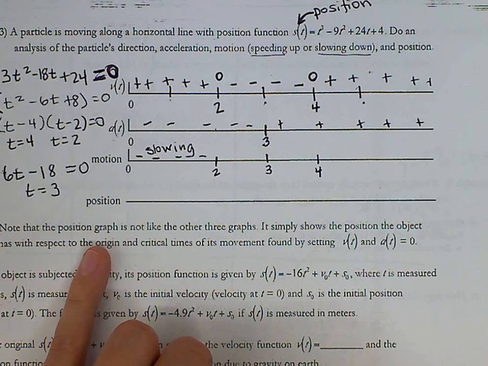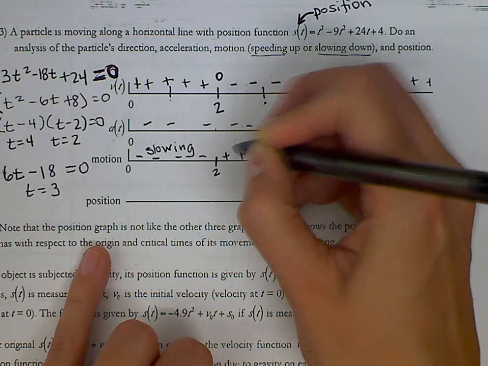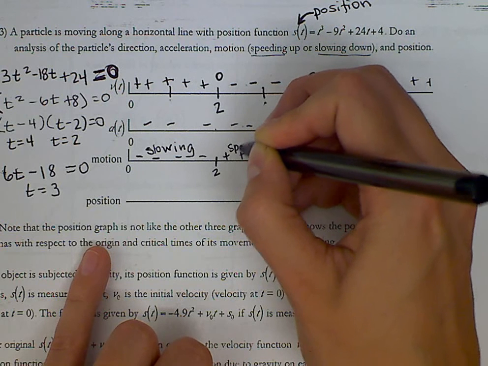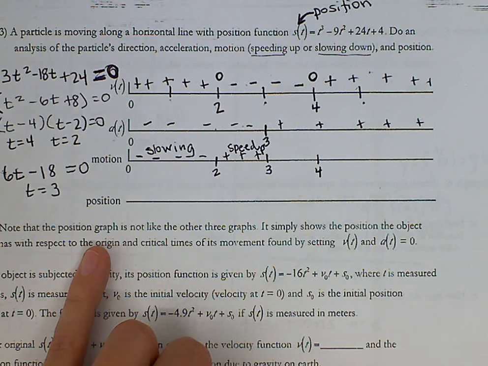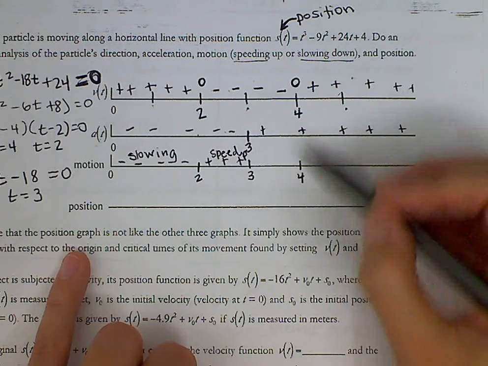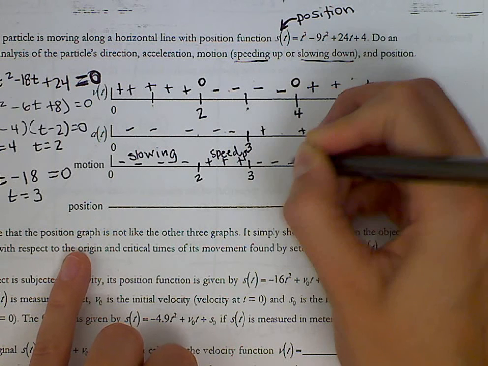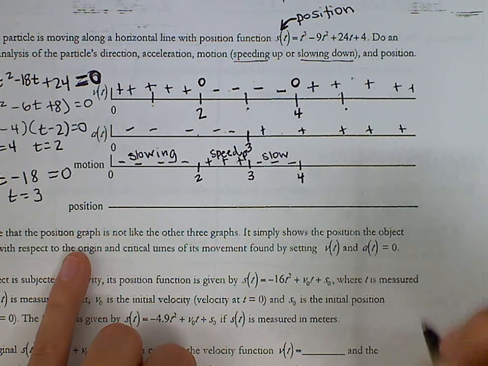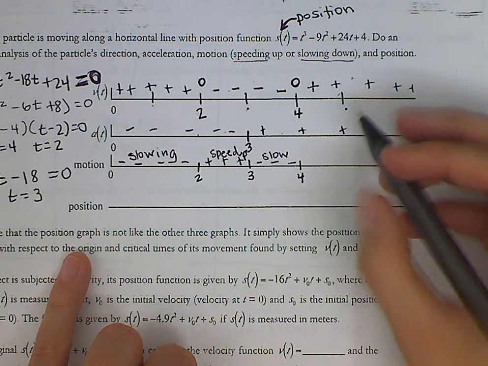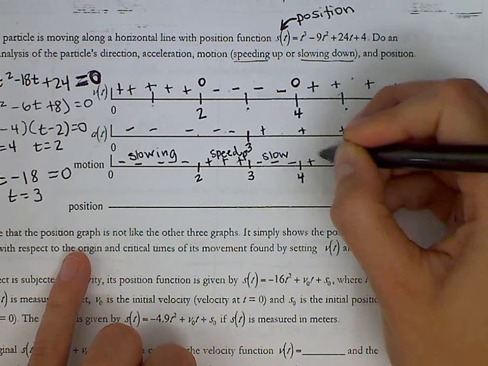Here, they're both negative. 2 negatives make a positive, so you know it's speed up. Between 3 and 4, we have negative and positive. A negative and a positive make a negative, so it's slow. And then after 4, it's positive and positive. 2 positives are positive, so I know it speeds up.